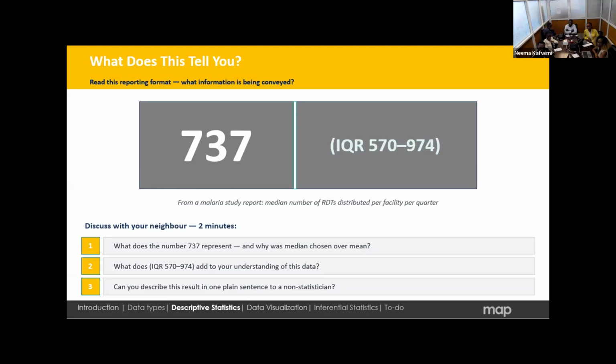So you were reading a malaria report and you found 737, interquartile range of 570 to 974. What does the number 737 represent? And why was the median chosen over the mean?